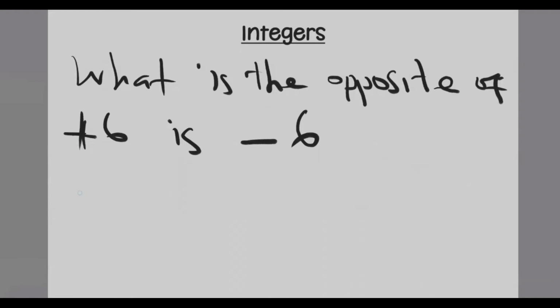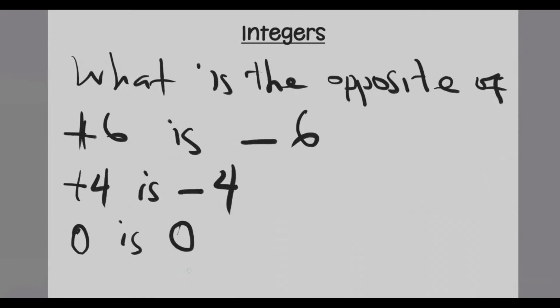What is the opposite of plus 4? The opposite of plus 4 is minus 4. So let me give you a trick question. What is the opposite of 0? The opposite of 0 is 0 because 0 is neither positive nor negative. So 0 is what we call an absolute value.